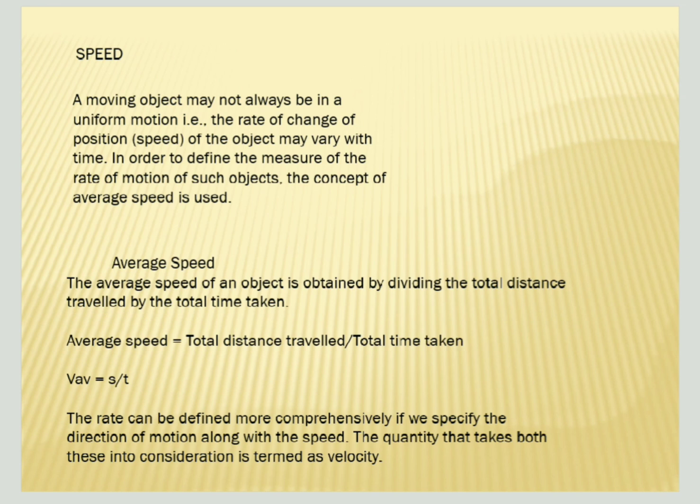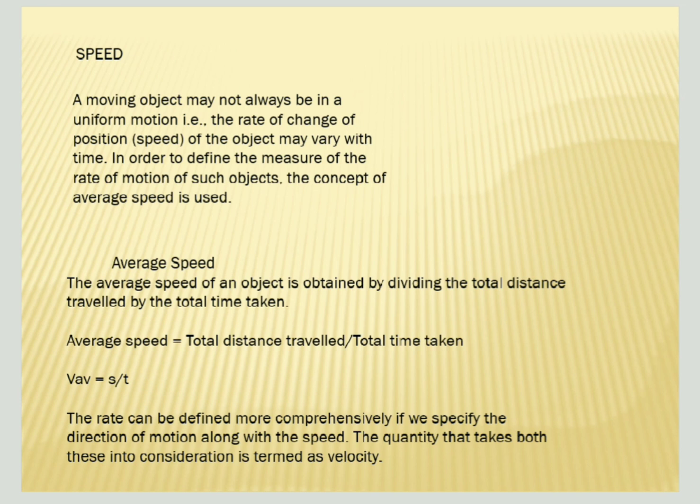The speed of an object can change with respect to time, but to define how fast or slow that change happens, the concept of average speed is much better to use.